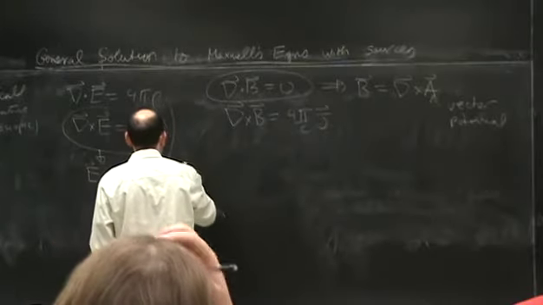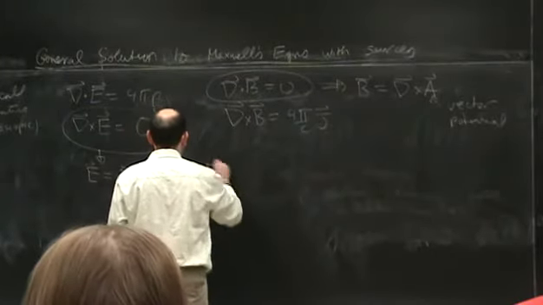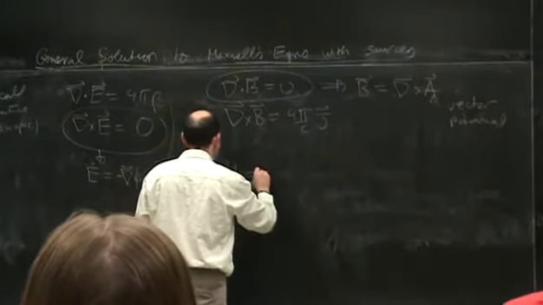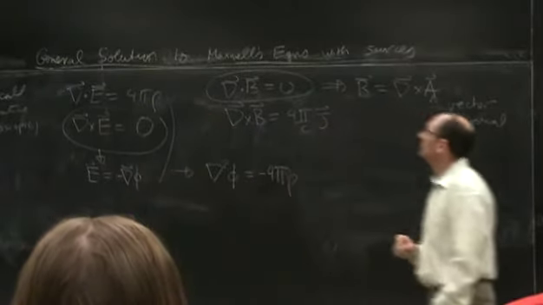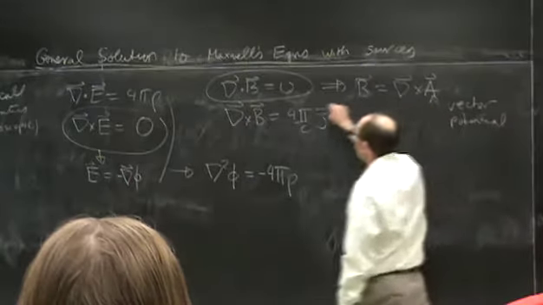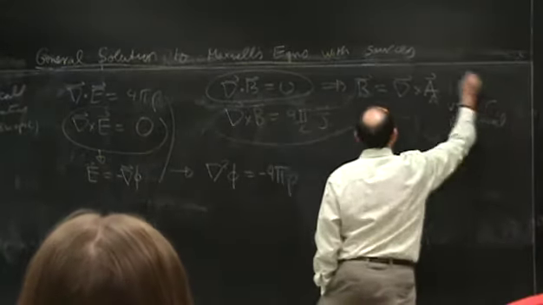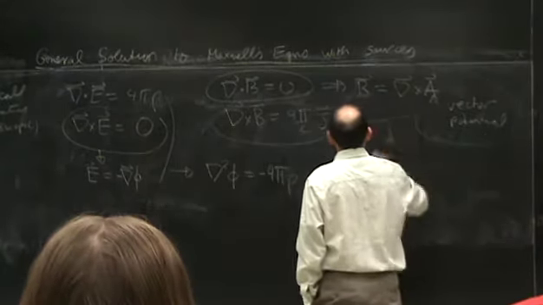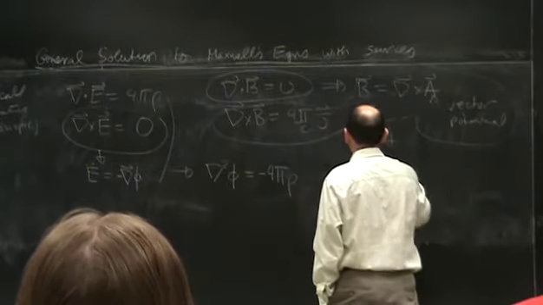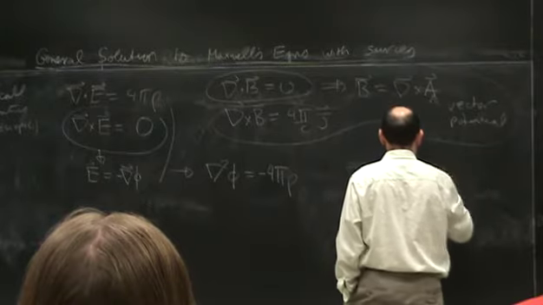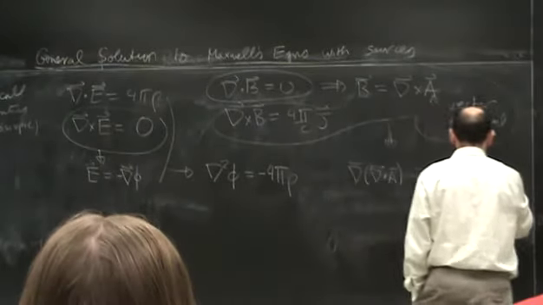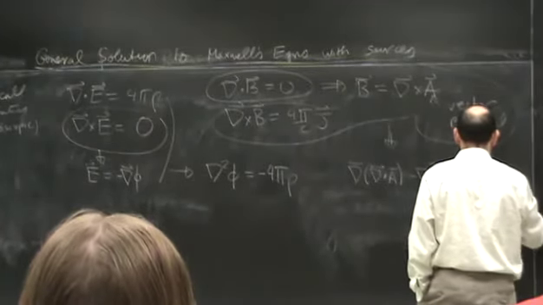Okay? And then we plug these back into the equations with the sources. And these two together told us then that the Laplacian of phi was equal to minus 4 pi rho. And the combination of these two equations together told us that the gradient of the divergence of A minus the Laplacian of A was equal to 4 pi over c j.